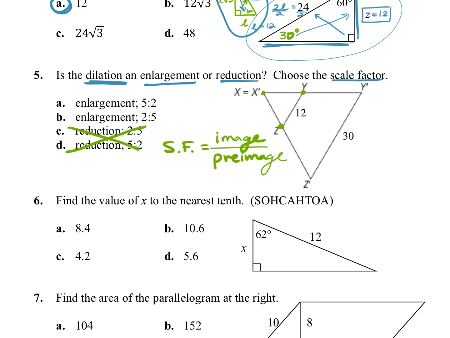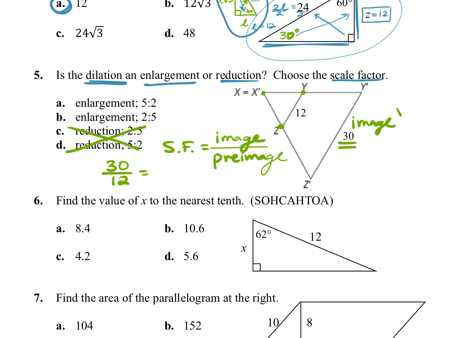What's the image? It's 30 over 12. 30 is the image, right? This is your image number whenever it has the prime. So 30 over 12. It's A. But good job, Forrest. Image over pre-image.